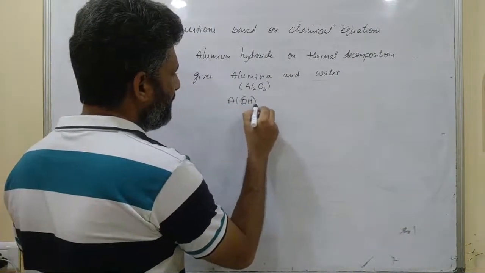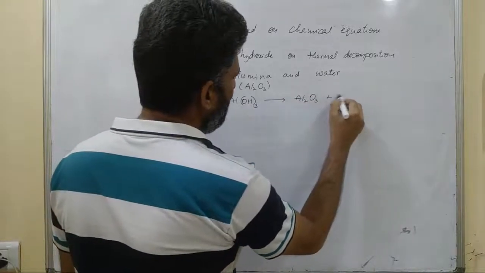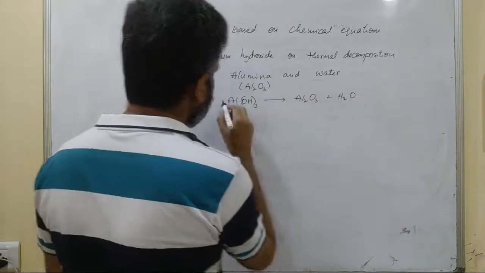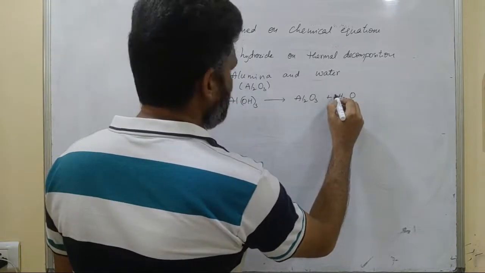2Al(OH)3 gives Al2O3 plus 3H2O. This is 2 times, this will be 3 times.